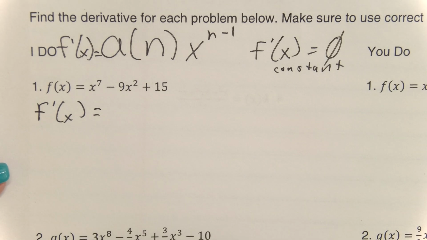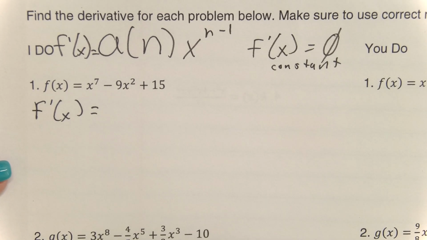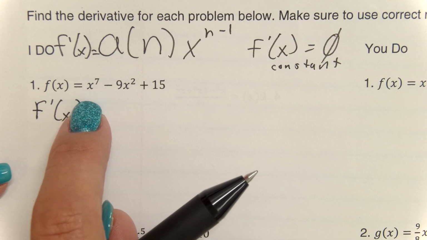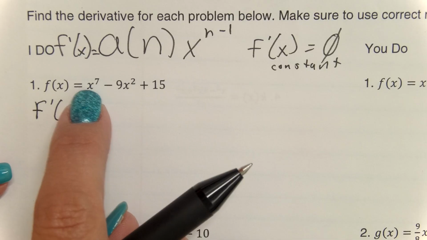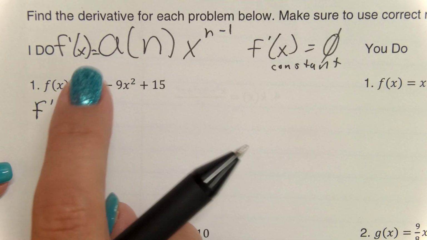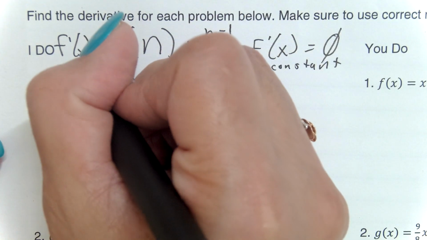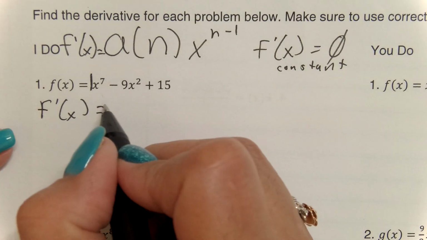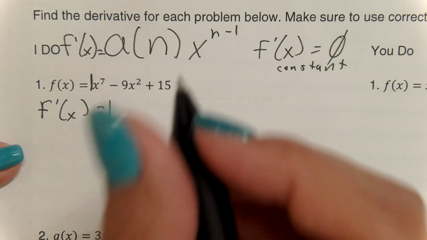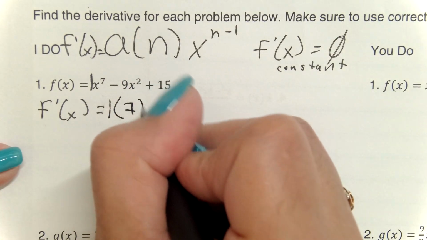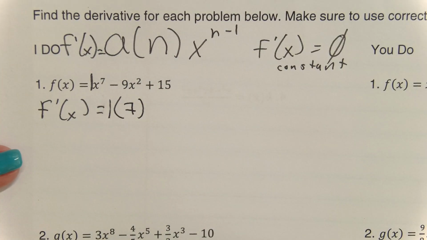I'm going to multiply the coefficient times the exponent. What is the coefficient in here? Nope, the coefficient is a number. 7, that is an exponent. 1. If there is no exponent or number, the understood number is 1. So I'm going to have 1. This is my coefficient, 7 is my exponent.